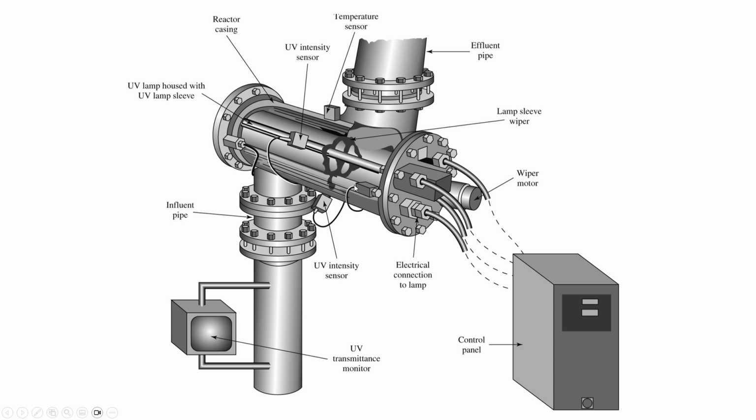But how long the water spends in the reactor and the intensity of the UV radiation is similar in a sense to the concentration times time approach with chemical disinfection.